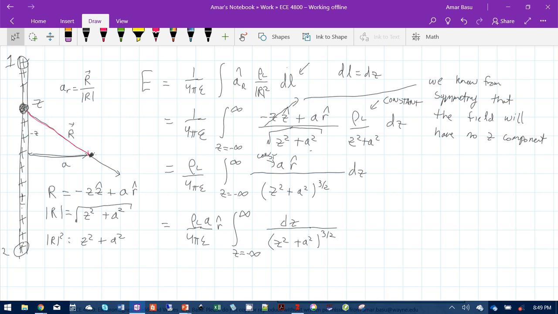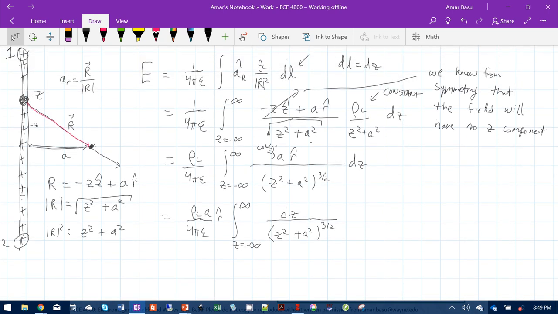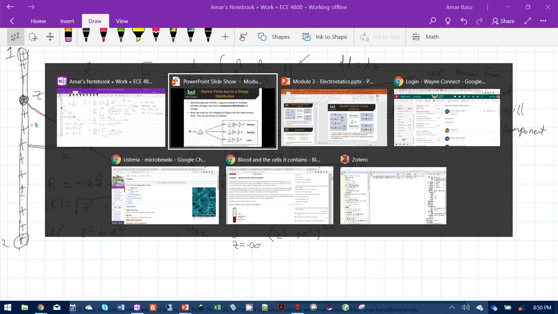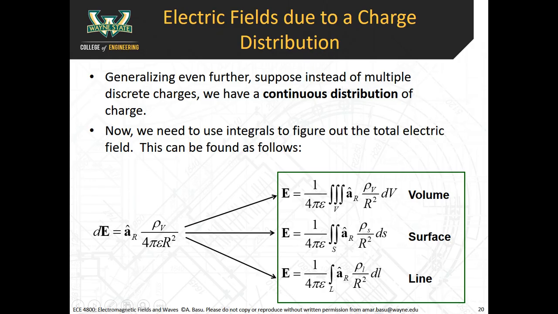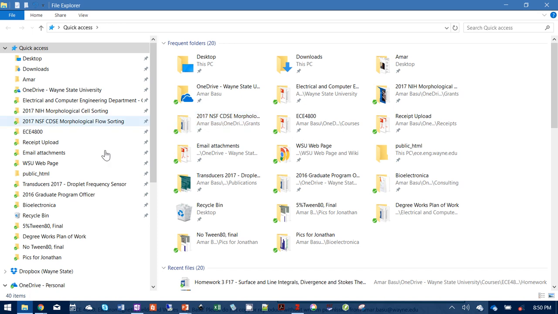Nope. But the problem is you don't have a du. So, since this is not a math class, I gave you that handy table of integrals.